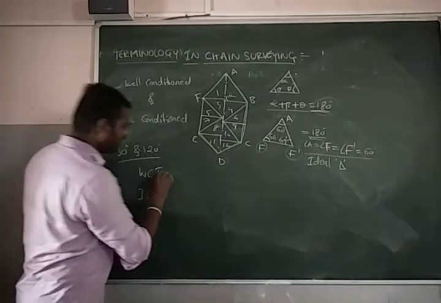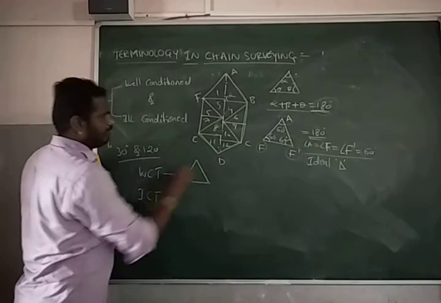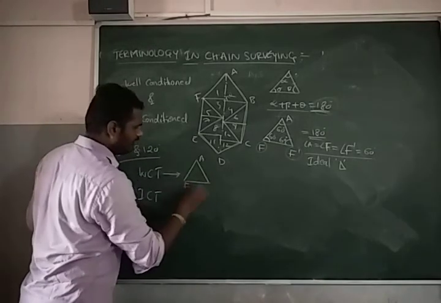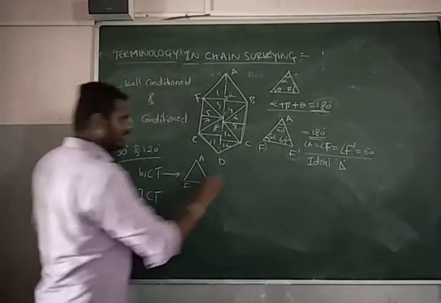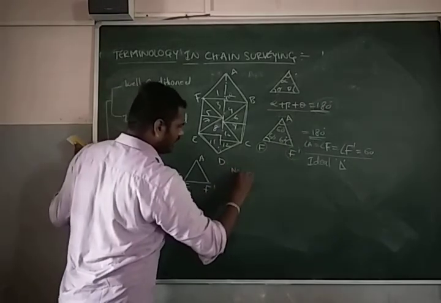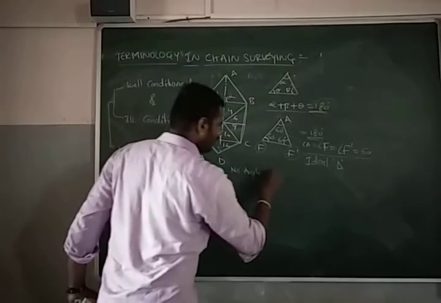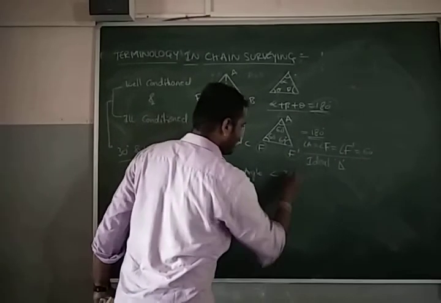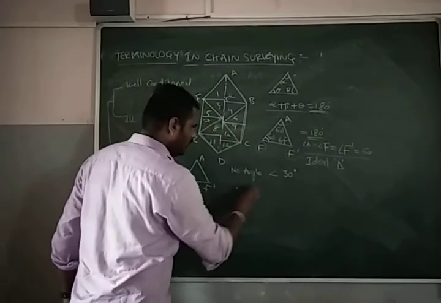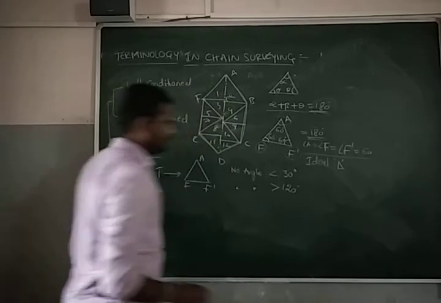Okay. So in a well conditioned triangle, let us take the same A, F, F dash, no angle is less than 30 degrees and no angle is greater than 120 degrees.